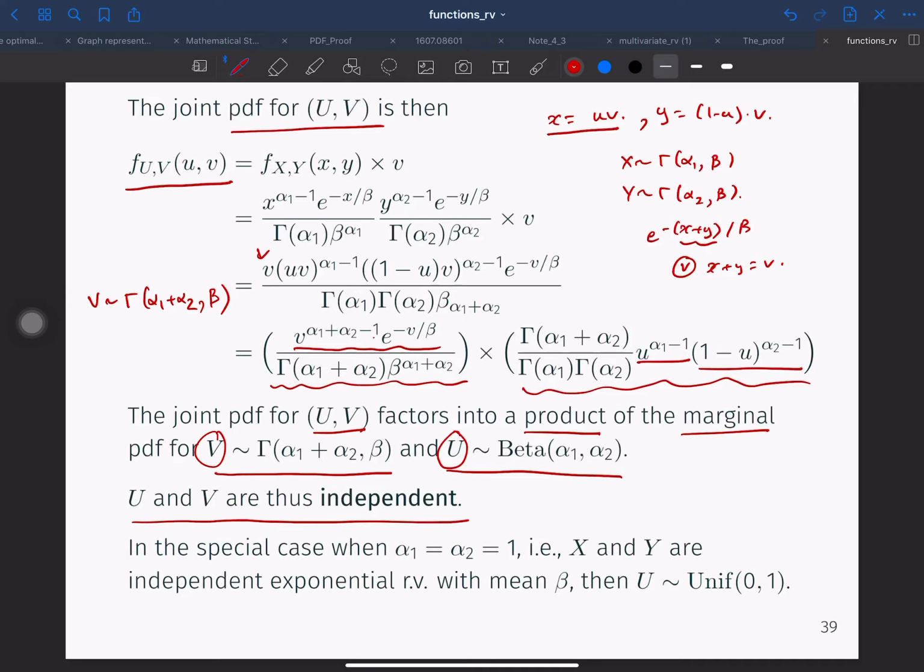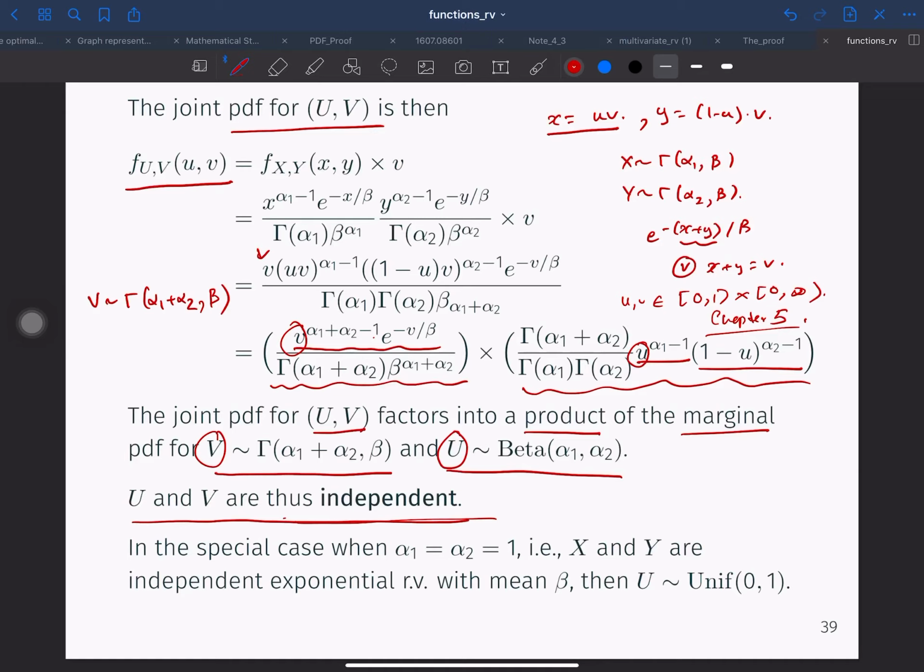The joint PDF can be factored into the product of two functions, one depending only on V, the other depending only on U, and (U, V) belongs to (0, 1) times (0, infinity), so by chapter 5, we know that U and V are independent.